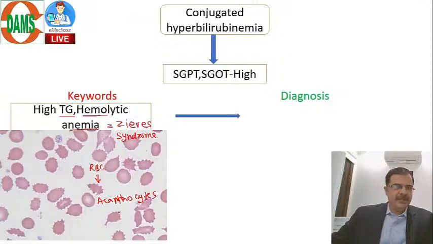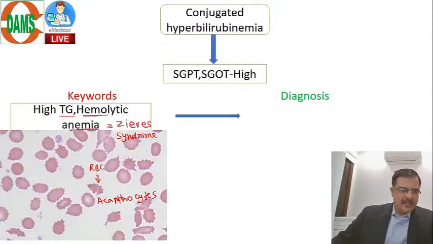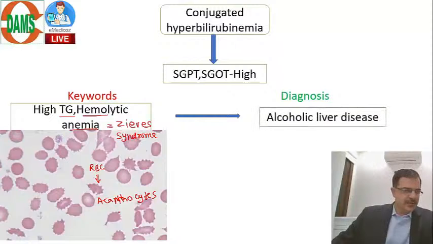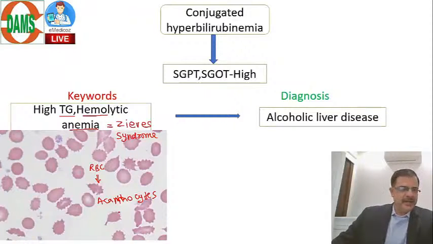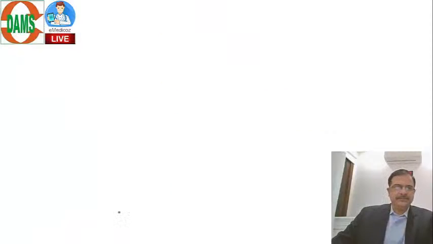So acanthocytes, high triglycerides, and hemolytic anemia are present. So this is a case of alcoholic liver disease, or alcoholic hepatitis. Zieve syndrome classically is seen in alcoholic hepatitis.